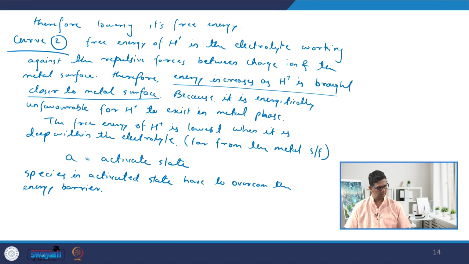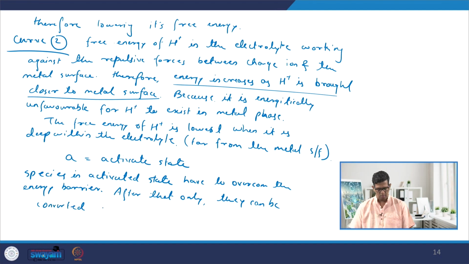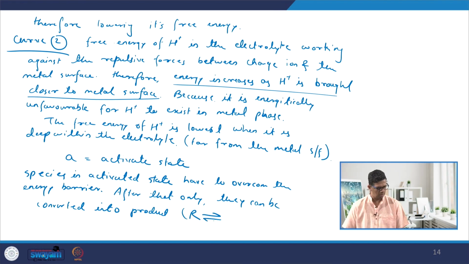They have to overcome this energy barrier, and after that only they can be converted into product. That is, reactant species can be converted into products and vice versa. So that is the significance of the activated state.